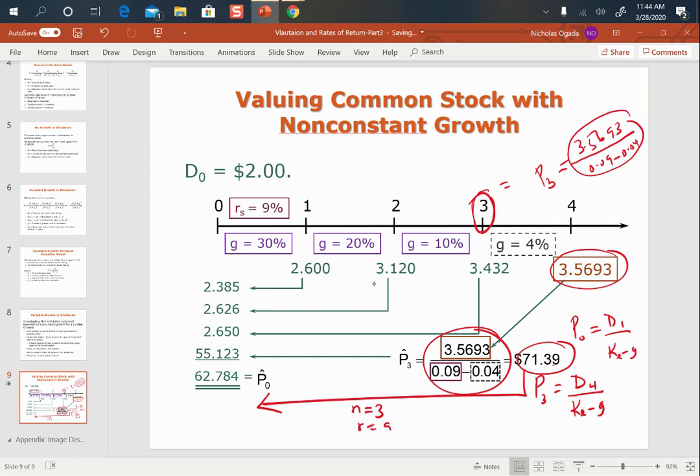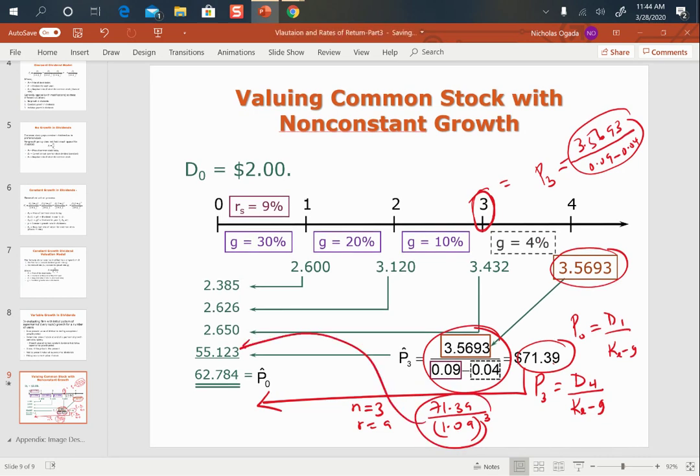So you take 71.39 and divide it by 1.09 to the power of 3, and this will give you the price today, which is 55.123. So now you have discounted the dividends during the supernormal growth, and we have determined the price at year three, P3, and then discounted P3 to today's dollars, which becomes 55.123.